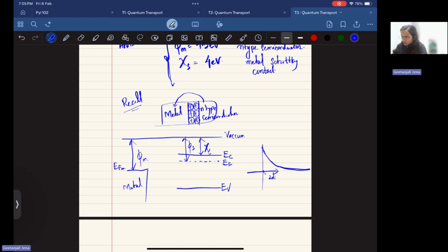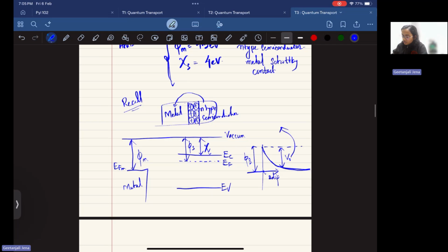The depletion region will be created on this side, and there will be a built-in potential, V0, which prevents the charge flow from the semiconductor to the metal side. Also, on the metal side there is a barrier, which is the Schottky barrier, which prevents the movement of electrons from the metal to the semiconductor side.